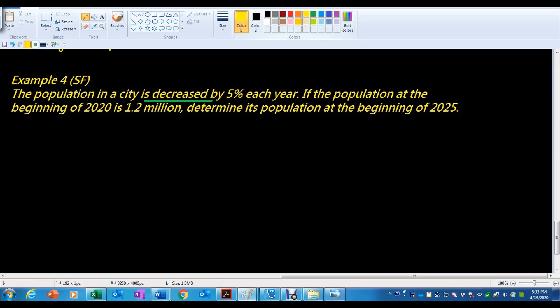Again, we are going to use the same formula. So it's just Tn equals T0 R to power n. So n will be, in this case, 5 years. T0 will be 1.2 million. R will be the decay factor. Remember, decay factor must be less than 1, so it must be 1 minus 5%.